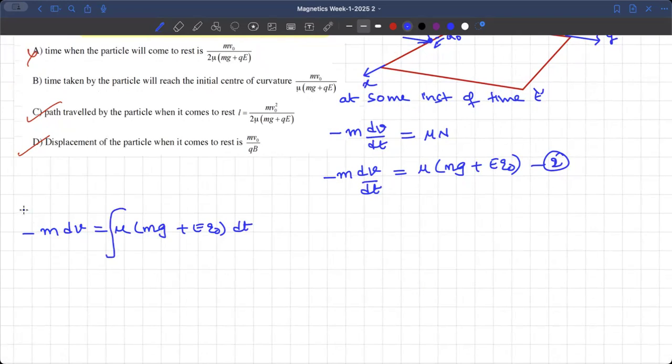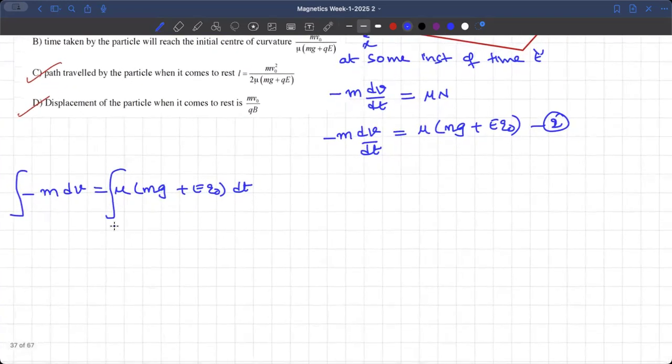Now do the integration properly. You said at time 0 it entered with speed v naught. At some time t it comes to rest. So mv naught is mu mg plus eq naught times t. So finally I got the t part.